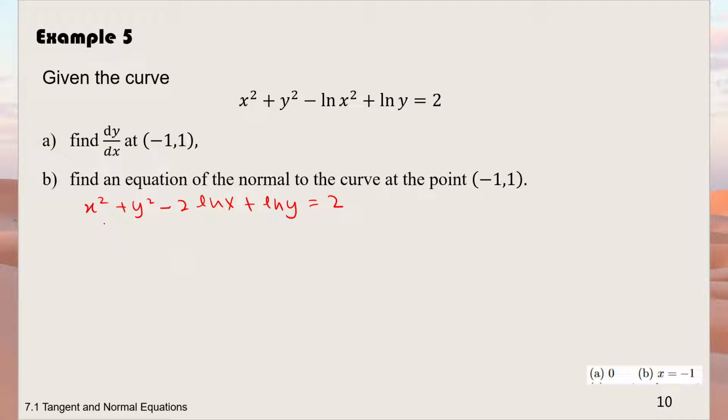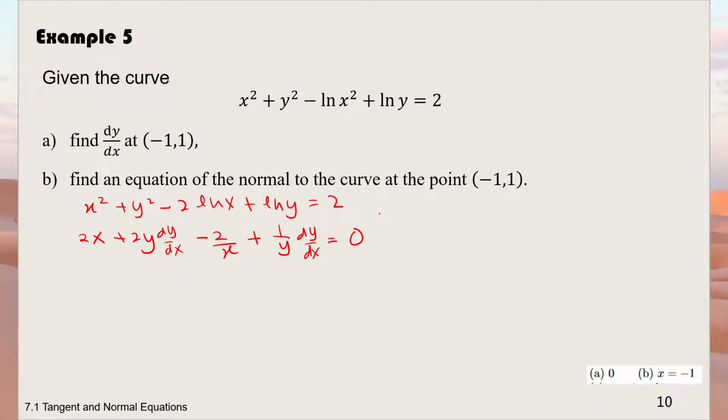So you just straight away differentiate: 2x plus 2y dy dx minus 2 over x plus 1 over y dy dx, and don't forget differentiating 2 is 0.